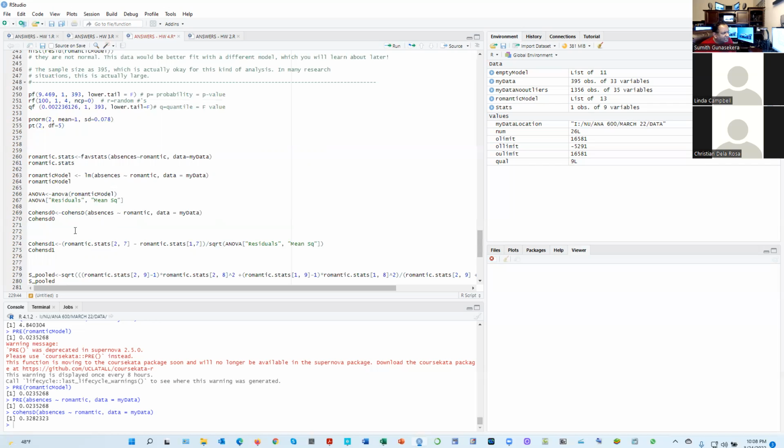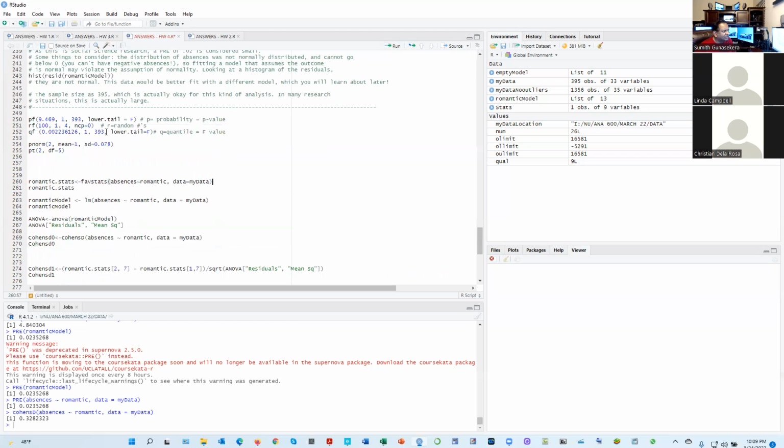Cohen's D, we're going to try to get this one by hand. Okay, that's what we're trying to do.